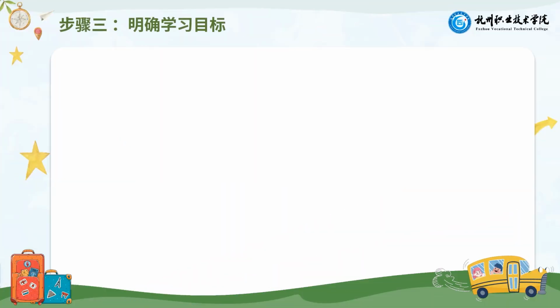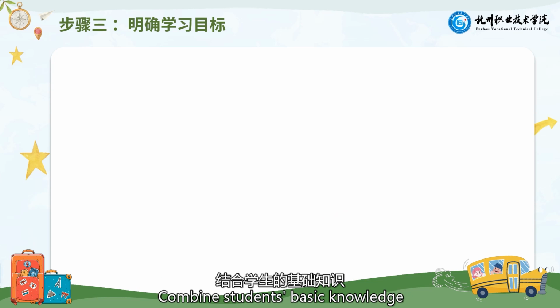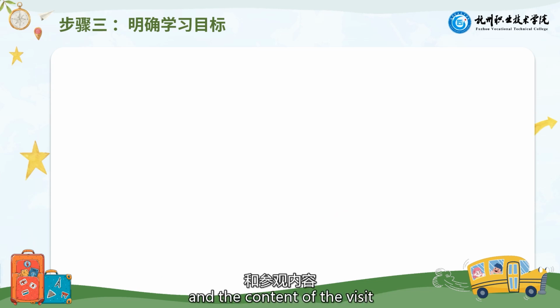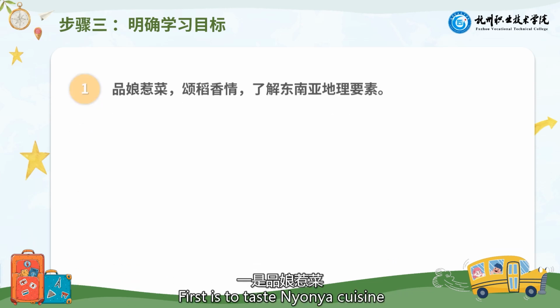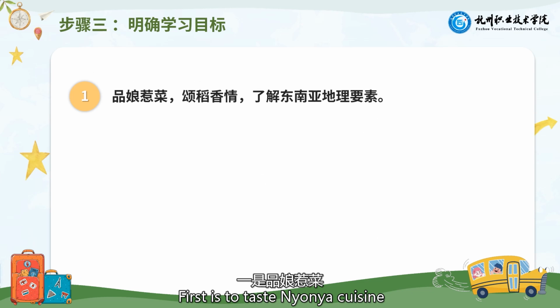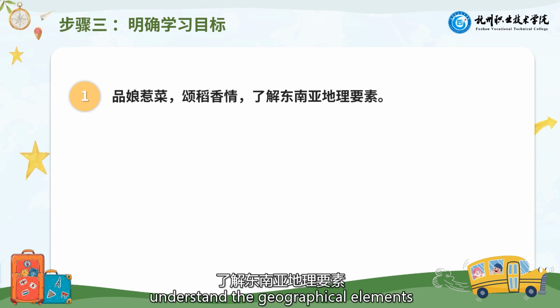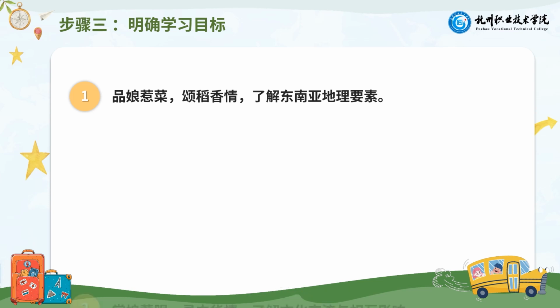Step 3. Clarify learning objectives. Combine students' basic knowledge and the content of the visit to determine 3 learning objectives. First is to taste Nyonya cuisine, praise the fragrance of rice, understand the geographical elements of Southeast Asia.